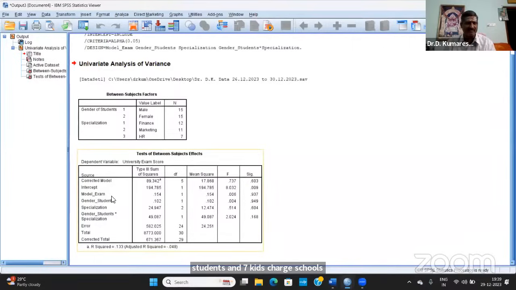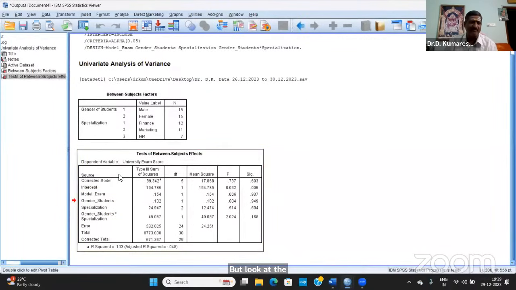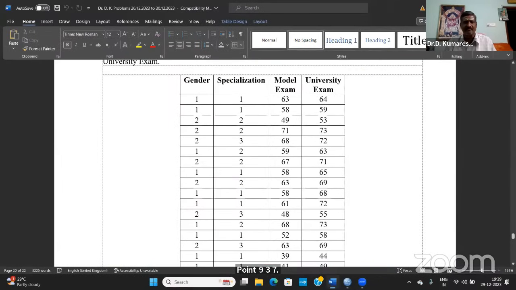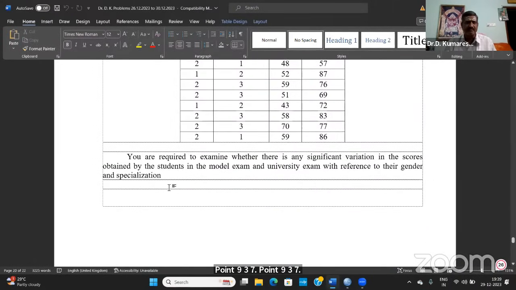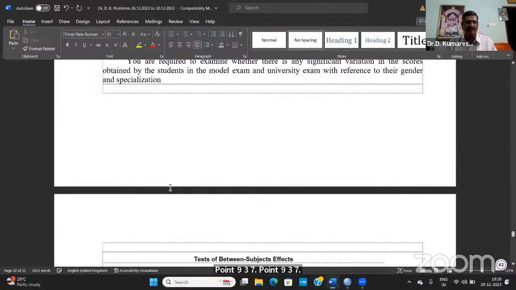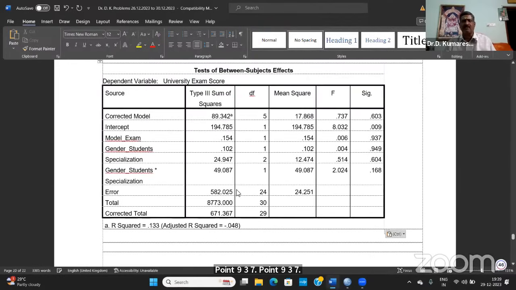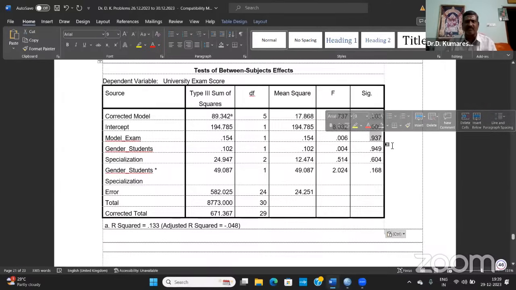Look at here. Model exam is the covariate, so it comes first. But look at the p-value. 0.937. 0.937 means it is greater than 0.05.